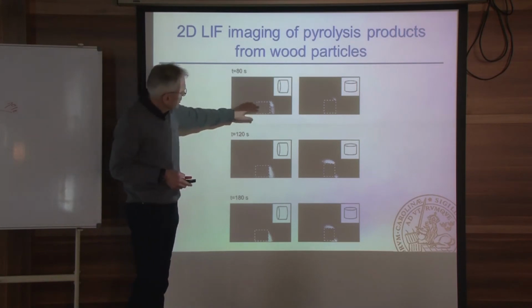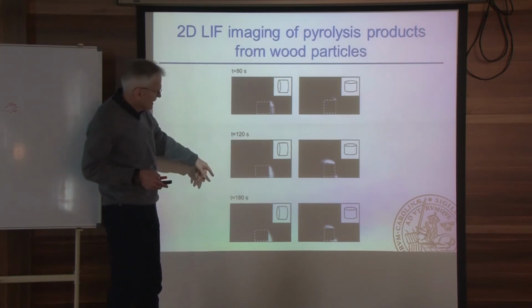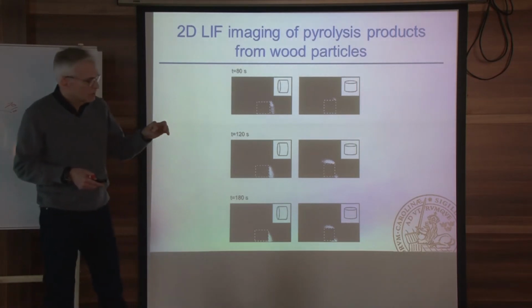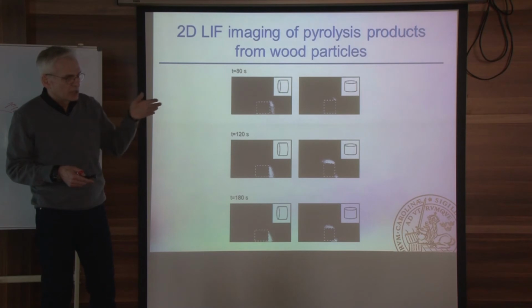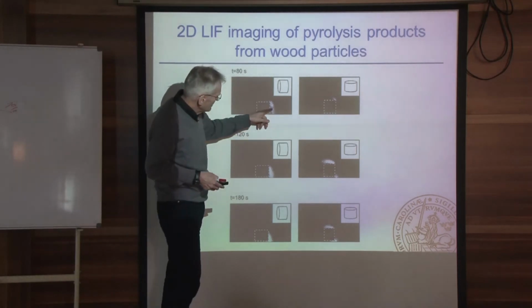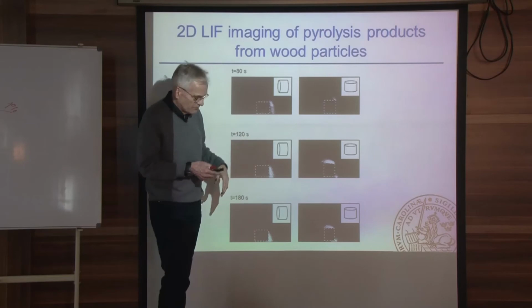So here are some small pieces of wood where we heated that in an oven to see at different time scales what would come out. We just put this small piece of wood and then we shine the laser above the particle, and then you could see how we got emission at different places.